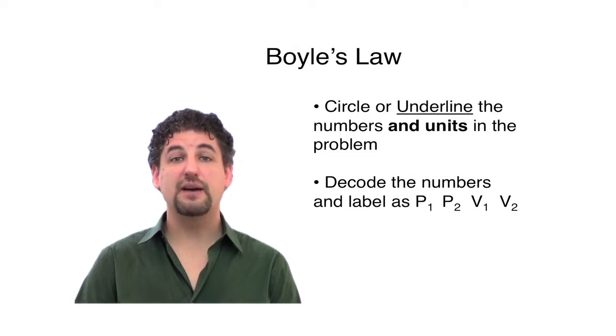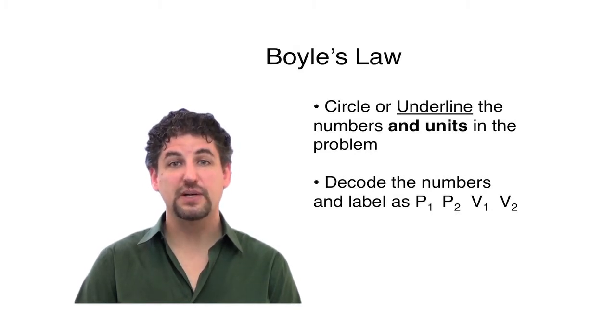Now recognize that if you have one missing, that's normal because you're going to solve for the one thing that is missing. So be on the lookout for language like what volume or what is the pressure, because that's the one that's missing. Okay, so then to figure out the problem, you're going to write the equation, right? P1 times V1 equals P2 times V2.